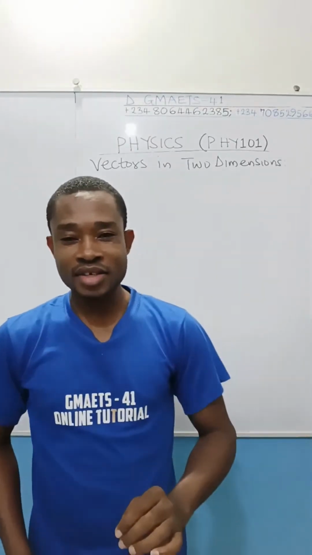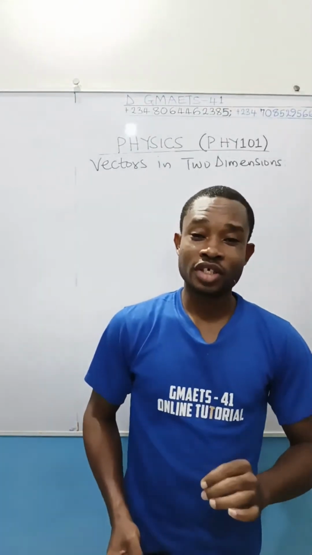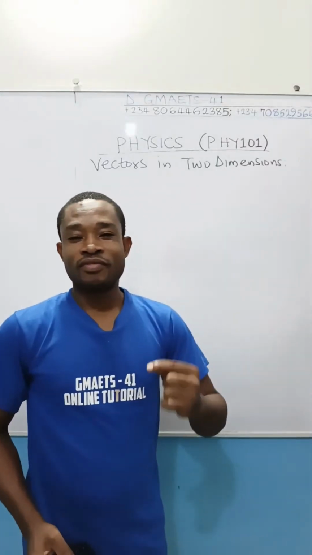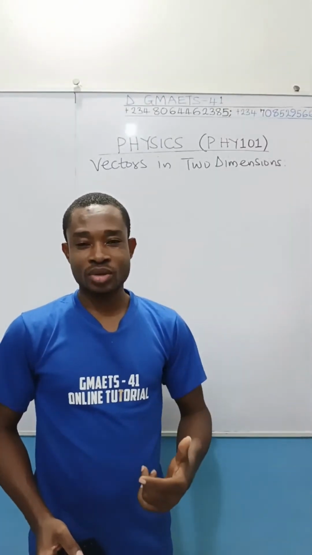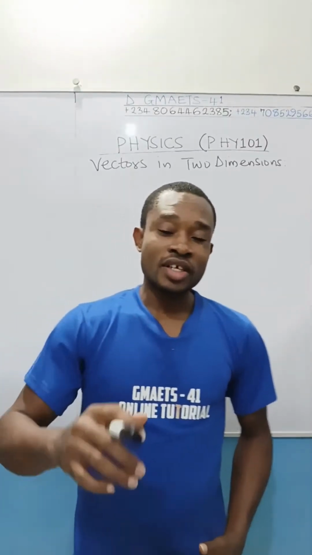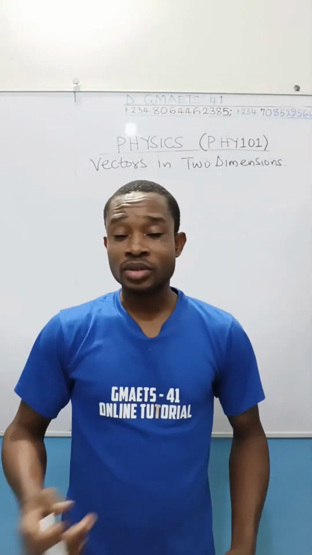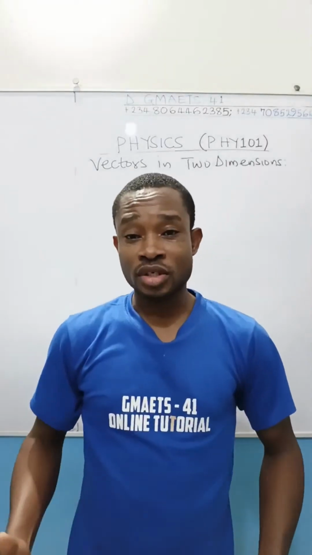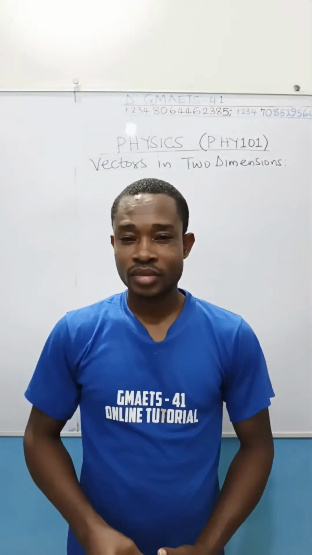In our physics class today, I'll be teaching you vectors in 2 dimensions. You will recall that in our previous class, we learned about vectors in 1 dimension and how to resolve such vectors.